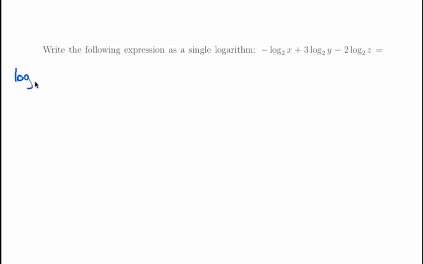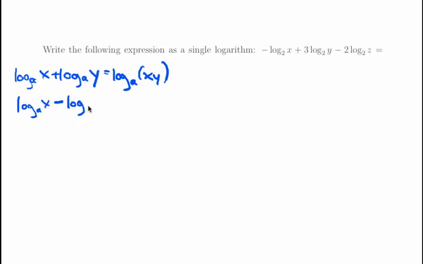One rule is that the log base a of x plus log base a of y, when I'm adding 2 logarithms together, I end up multiplying the results. There's a similar rule for subtracting logarithms. Log base a of x minus log base a of y is the log base a of x divided by y.